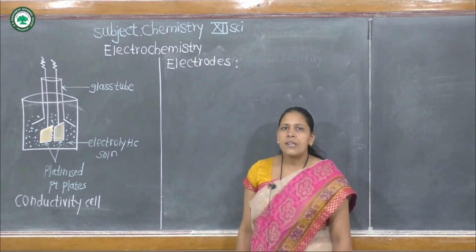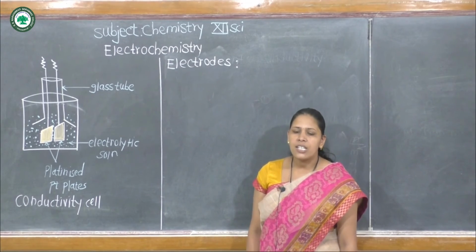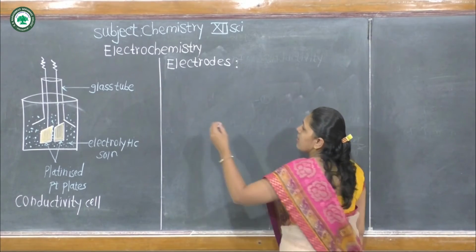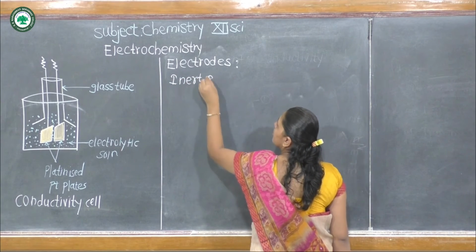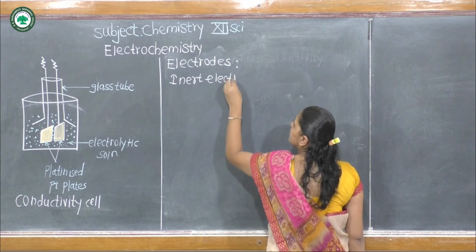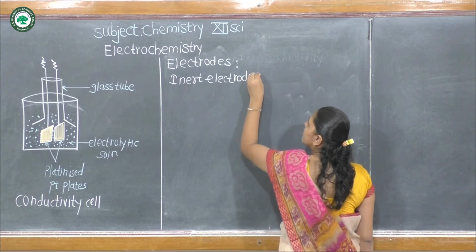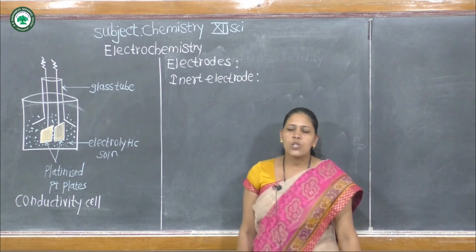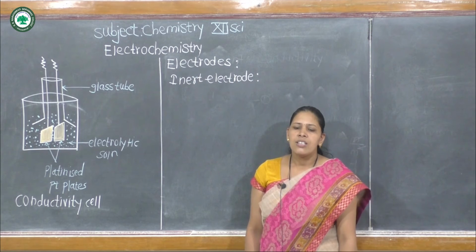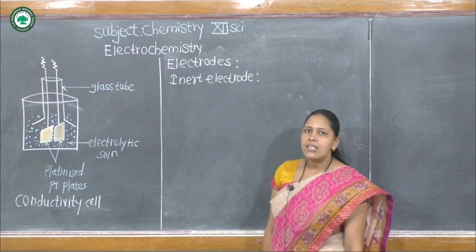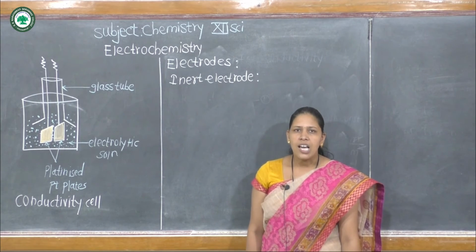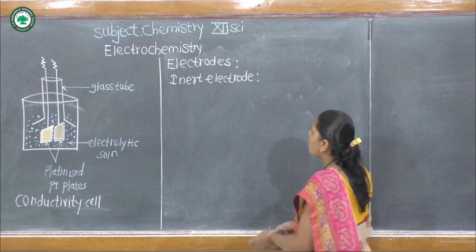Electrodes which do not participate in the reaction are called inert electrodes. Electrodes which cannot participate in electrochemical reactions are called inert electrodes.